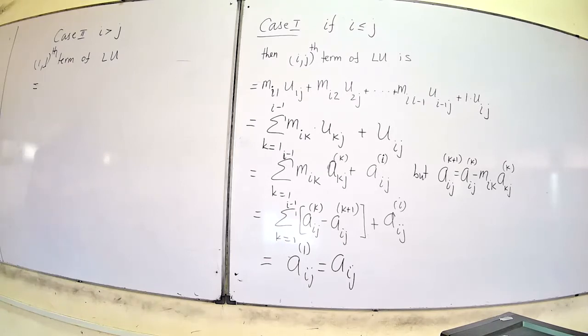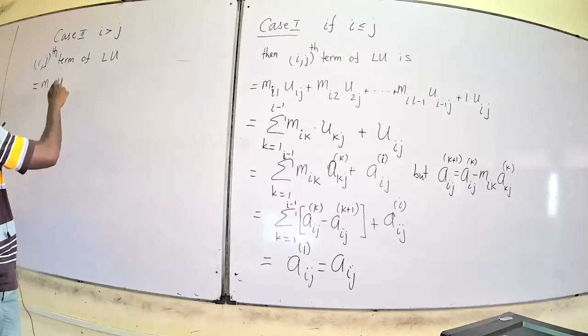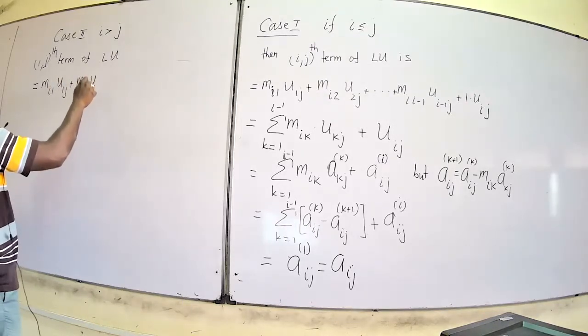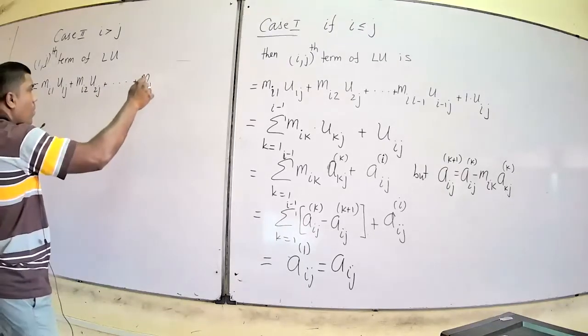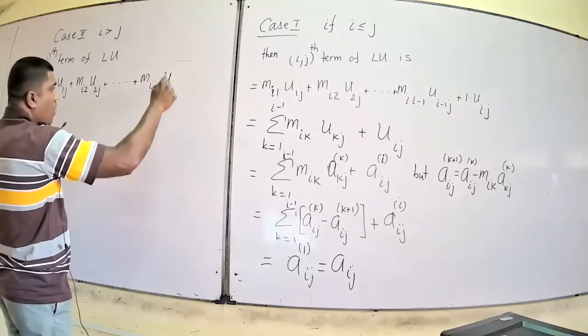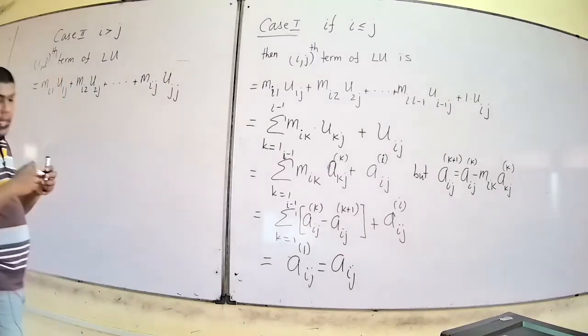So only a few number of mij's are going to come, that is mi1 to mij, because i is greater than j.